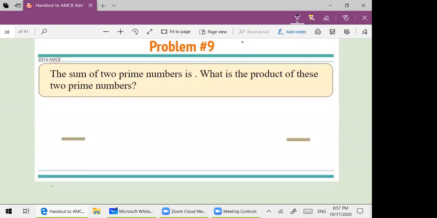Okay, this is probably going to be the final problem for today, and this should be 85.